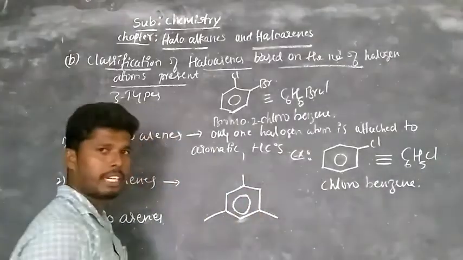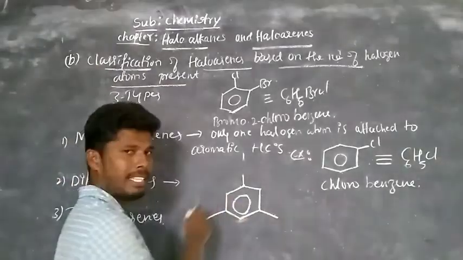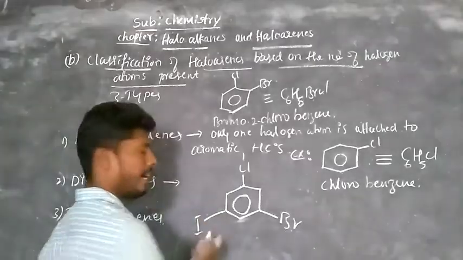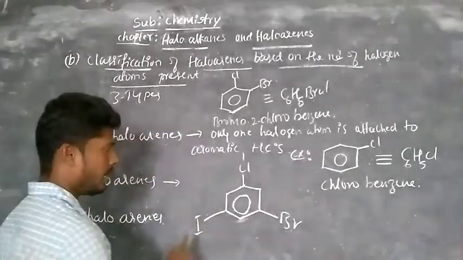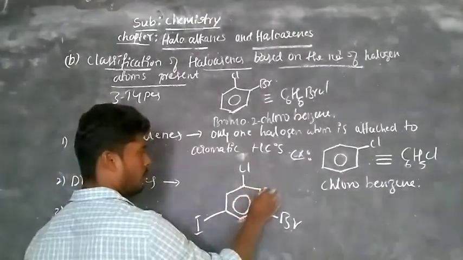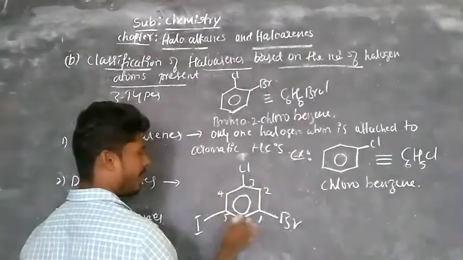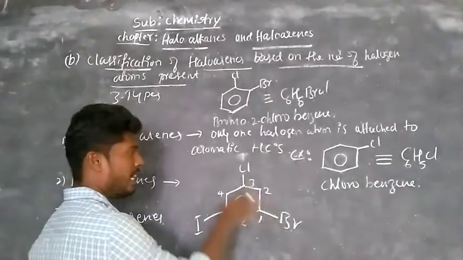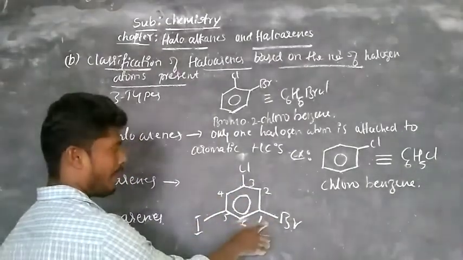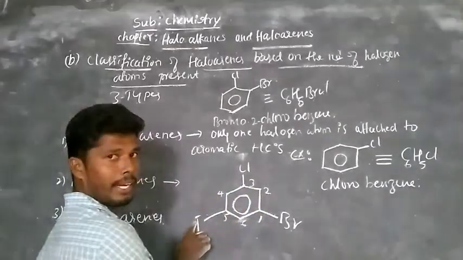You can replace anywhere on benzene. Here write chlorine, bromine and iodine, any halogens, your wish. Give numbers according to alphabetical order: 1, 2, 3, 4, 5, 6. Because B, C, I is the order in naming. So it is 1-bromo-3-chloro-5-iodobenzene.